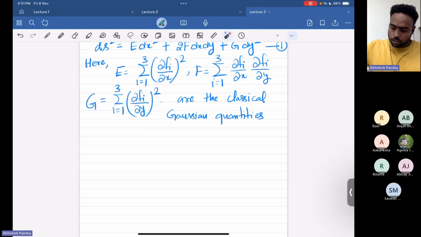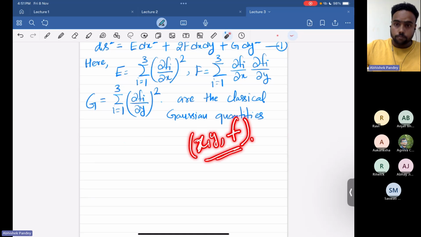To calculate this, you can just take the parameterization of the surface around the point P as F, and with this coordinate system, you calculate the line element.